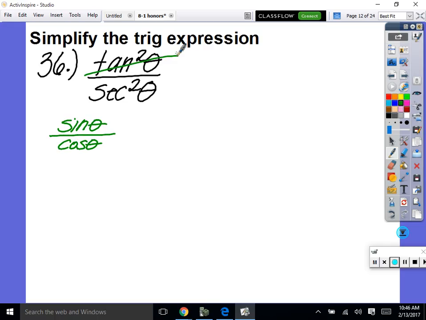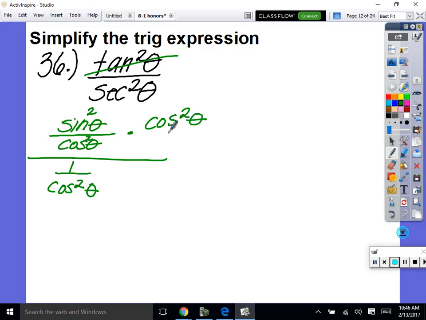So I'm going to rewrite that, divided by, what's secant squared theta? Okay, 1 over cosine squared theta. Dividing fractions is easy as pie. We flip the second fraction and we multiply. So that's going to simplify to be, those divide out, sine squared theta.